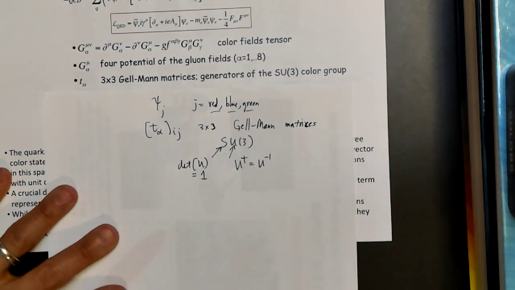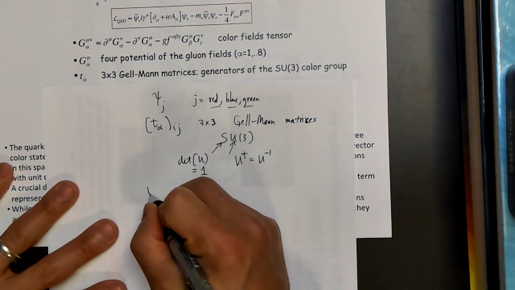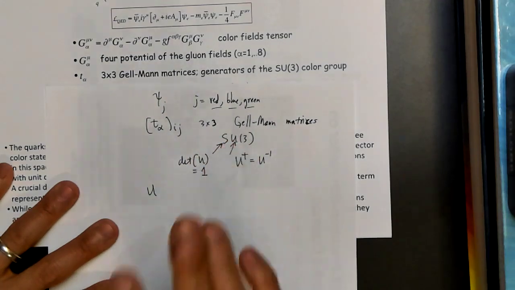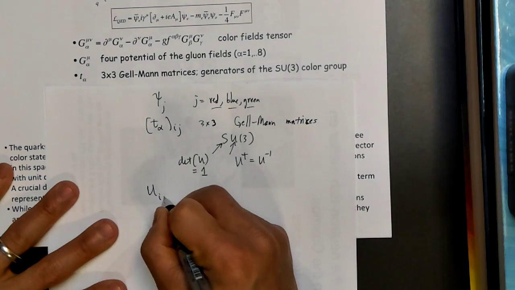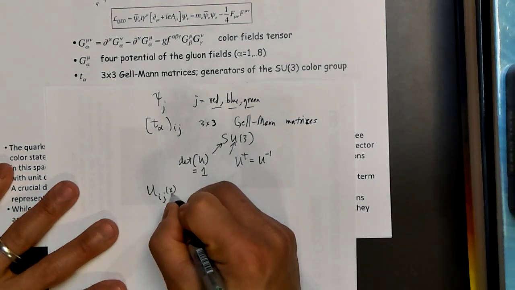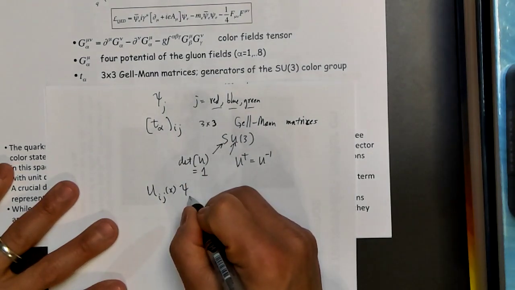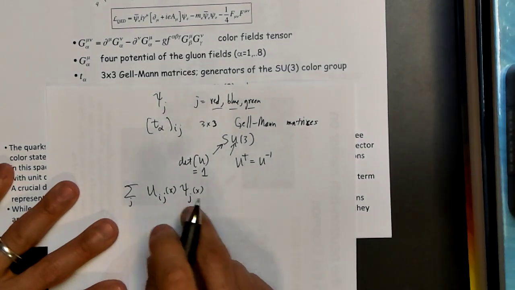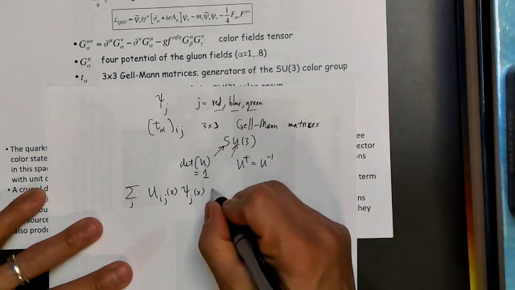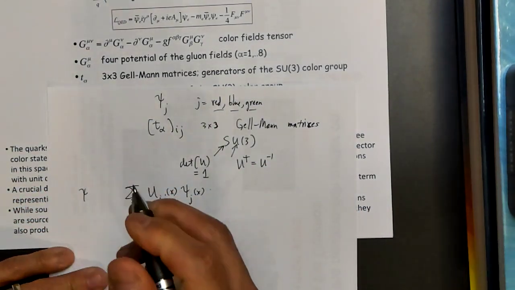So what's going on here is we have, in this case, an SU(3) gauge symmetry. In other words, we have some special unitary 3 by 3 matrix, with some components I, J, that will depend on space-time x, and that will act on our field psi_J at point x, with a sum over the color indices J. This will be how my field transforms.